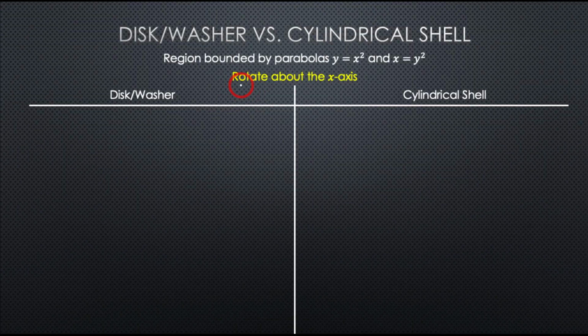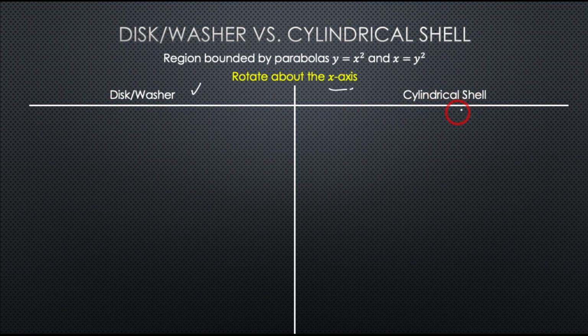First, we look at when the region is rotated about the x-axis. Two methods. One is the disk, or washer if you have a hole inside, and the other is the cylindrical shell.